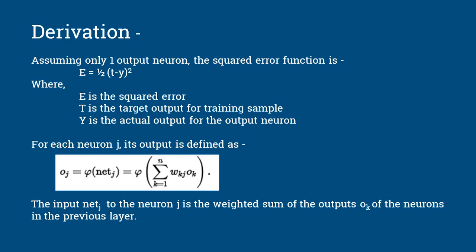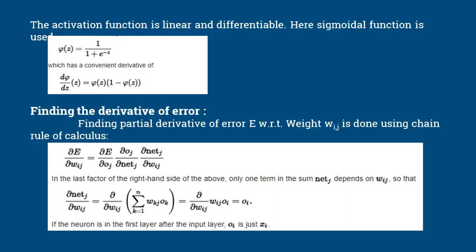Here wkj is the weight of the connection between the neuron k in the previous layer and this neuron j, and ok is the output of the neuron k in the previous layer.